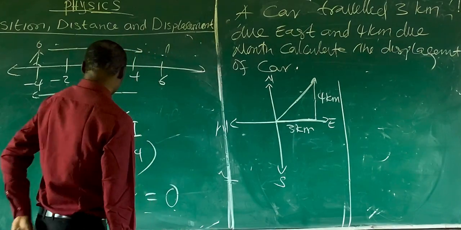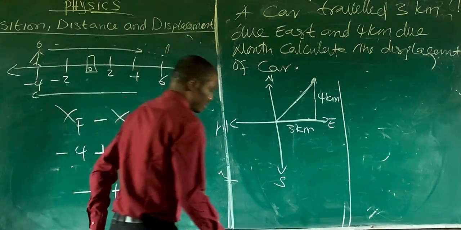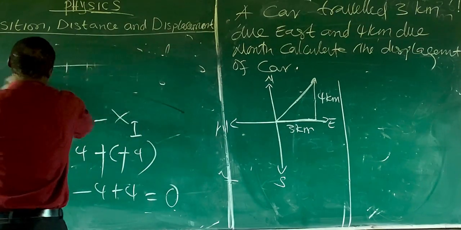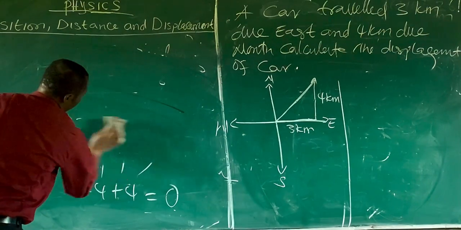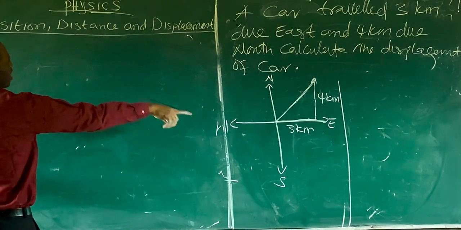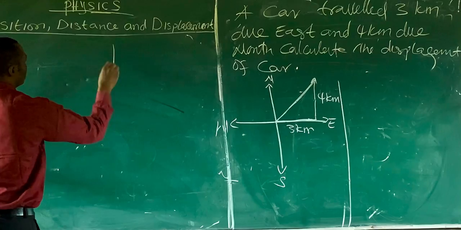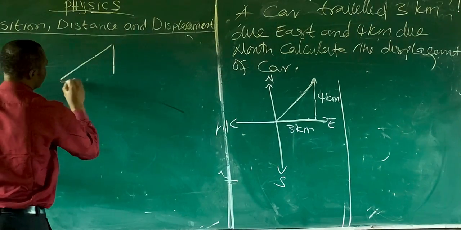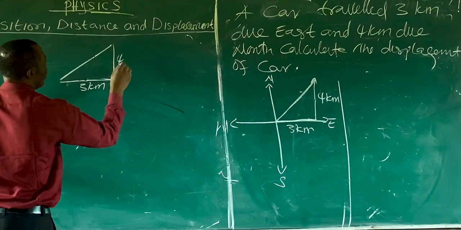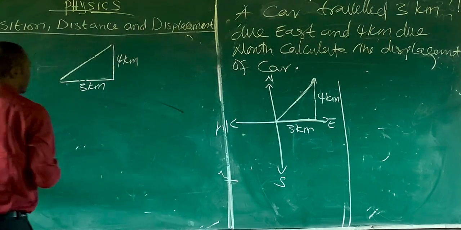Now, normally, you're going to use Pythagoras to solve the problem. For me, I don't like using Pythagoras for this problem. There is another formula to use. You know, talking about triangle. Now we have that. This guy is 3 kilometers here, and then 4 kilometers here. So now, what do we do?